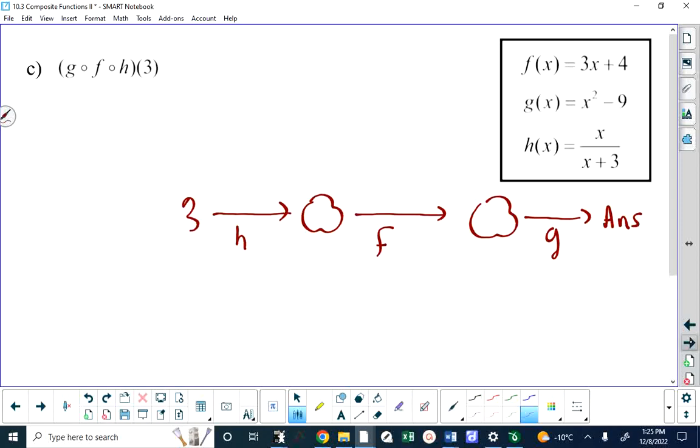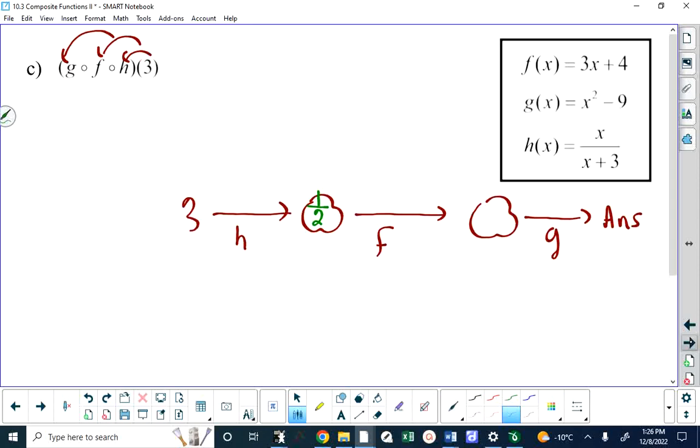So I always go back to this idea, from the inside to the outside. So 3 goes into h, that goes into f, that goes into g. 3 into h is, don't just be a passive learner here, just be active in the work. Is it 1/2?